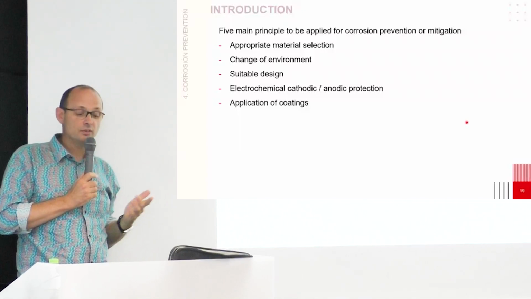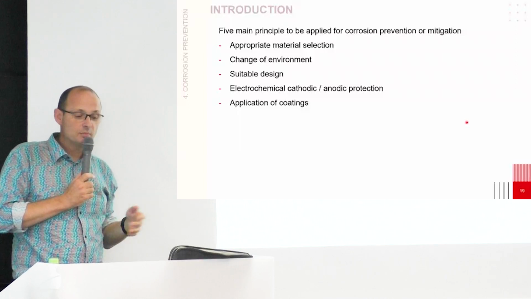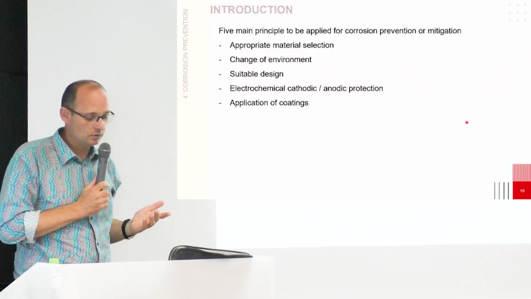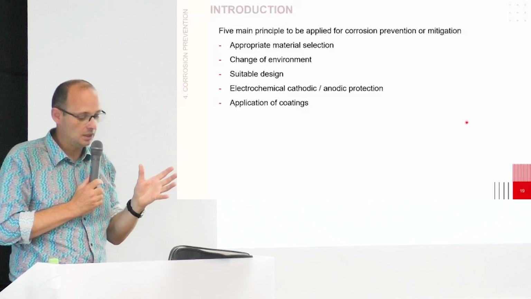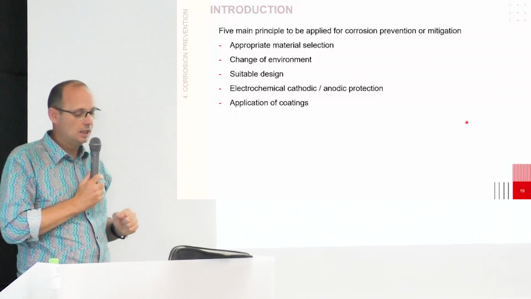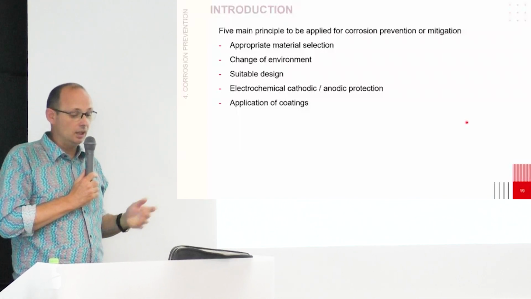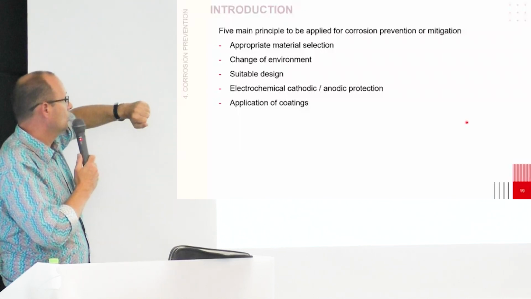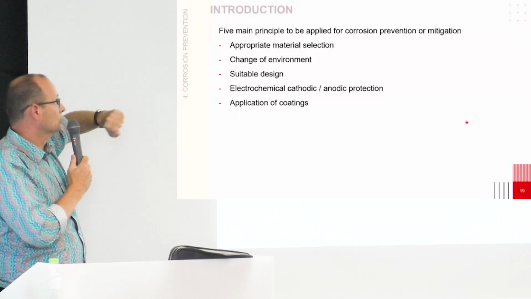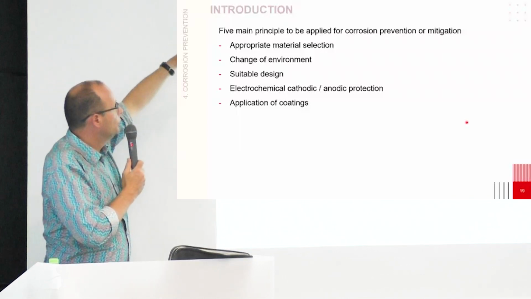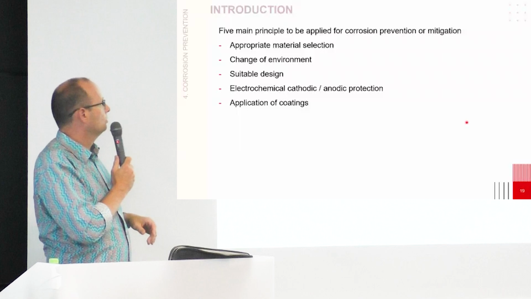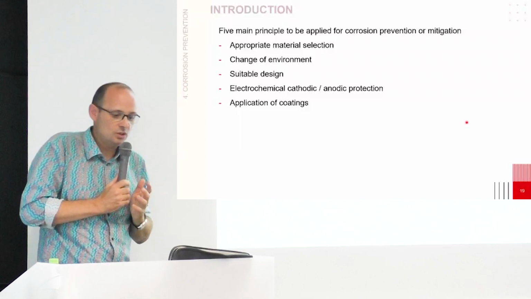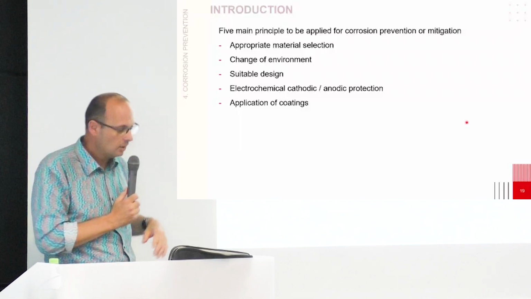But of course, the environment can change. Was the material suitable for the design of the infrastructure that we have? If we are able to change the material or select another material according to the environment, or change a bit the environment, it will also be good. If we are able to adjust the design, it will also be great.